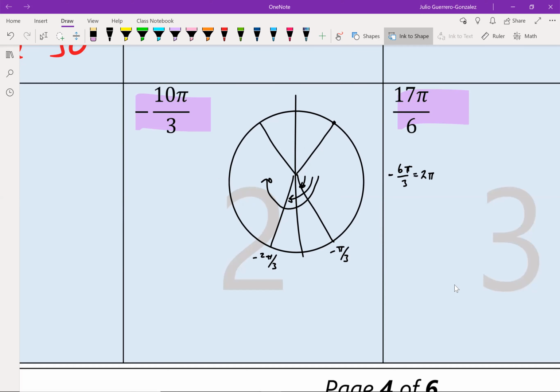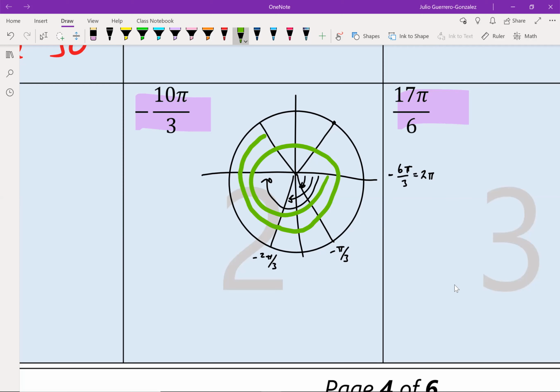Whoa, not exactly what I wanted. So let me do it in green and take this off. So 6 pi over 3, 7, 8, negative 9, negative 10 pi over 3 is up to right there.